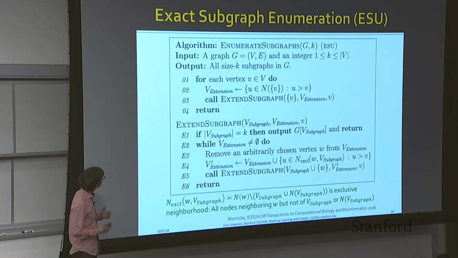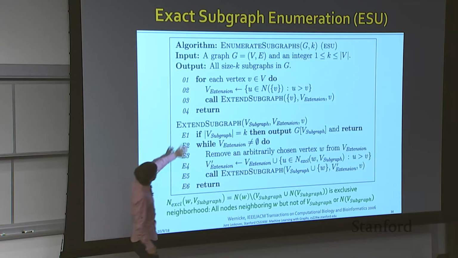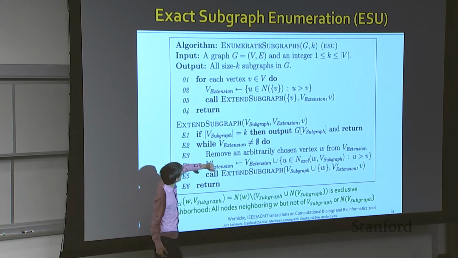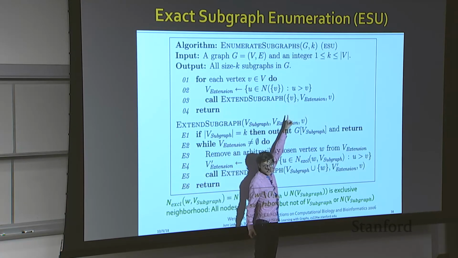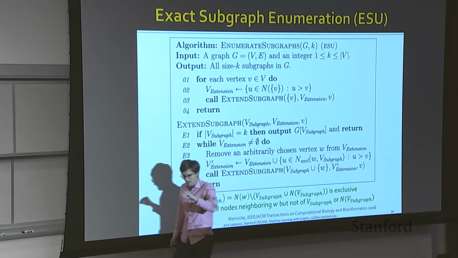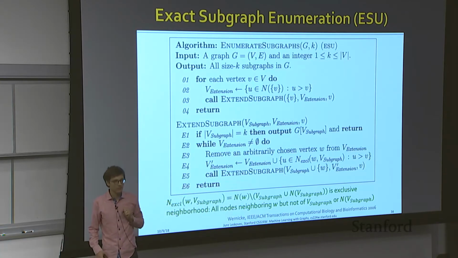So this is the pseudocode, and I have two functions. The first function will say, let's extend a subgraph at a given vertex v. So for every vertex, I will say, let's start expanding a subgraph from here.